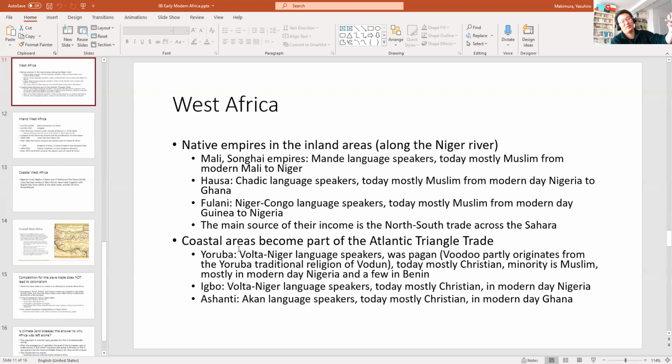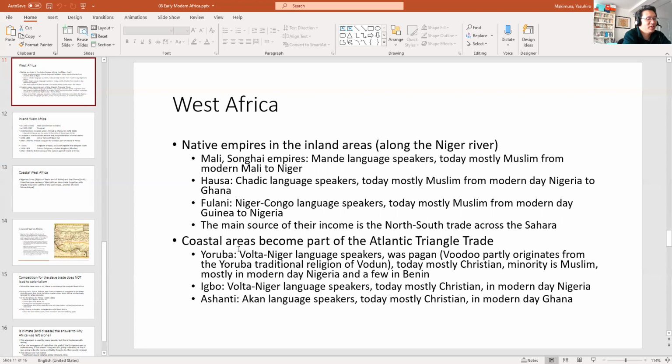So terrible, right? So the coastal areas were pagan. But as the Europeans arrive, what happened to the Congo happens as well, and the people slowly adopt Christianity. So today, you have people in the northern part of West Africa who are Muslims, and the people in the southern part of West Africa, basically along the coast, that are Christians.